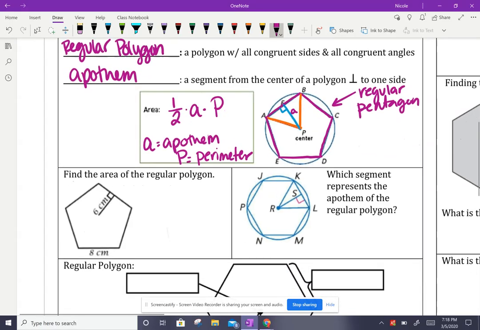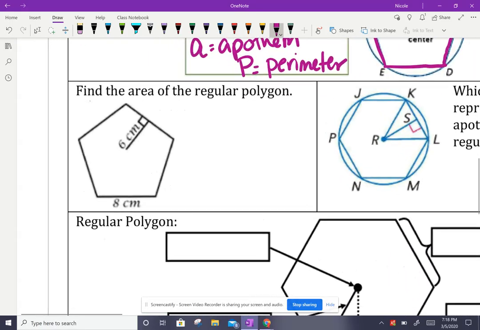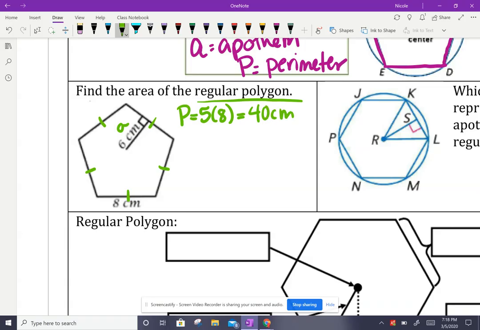So let's try this out. I have my first example here. It gives me the apothem, A, and it gives me a side length of 8. It tells me it's a regular polygon, so I know that all the sides are congruent. So I'm going to find my perimeter. I have 1, 2, 3, 4, 5 sides, so I'm going to take 5 times 8. My perimeter is 40 centimeters.